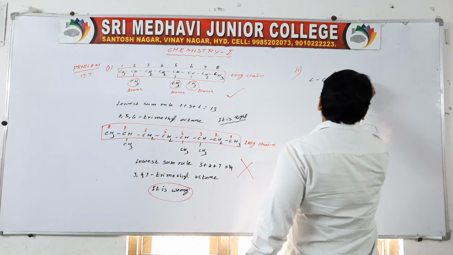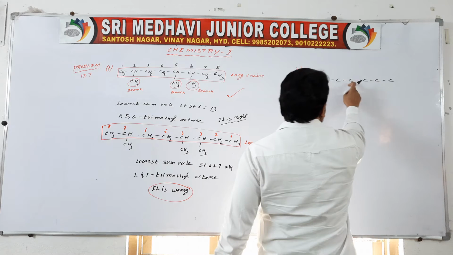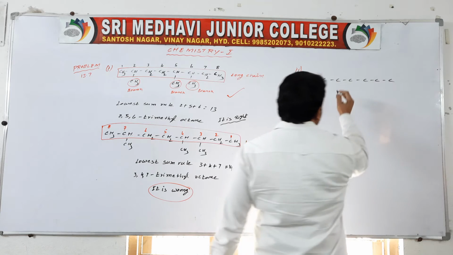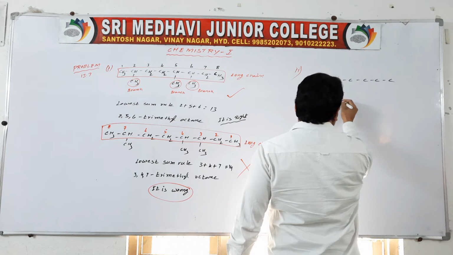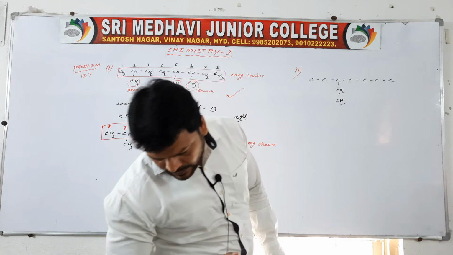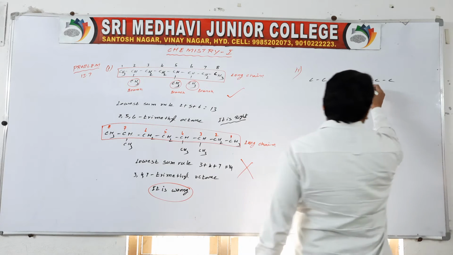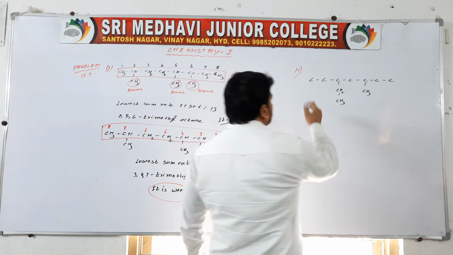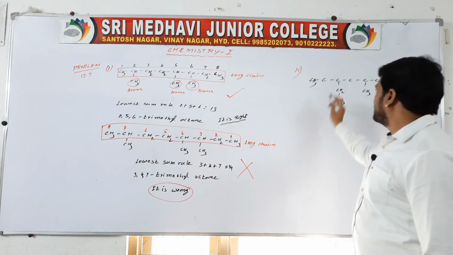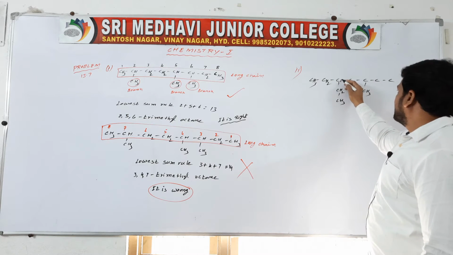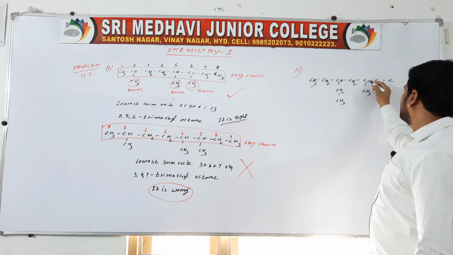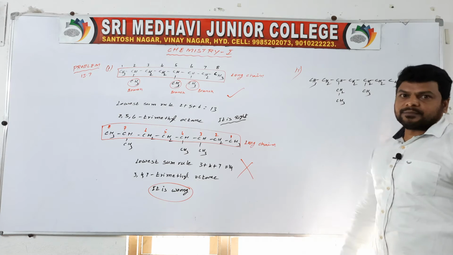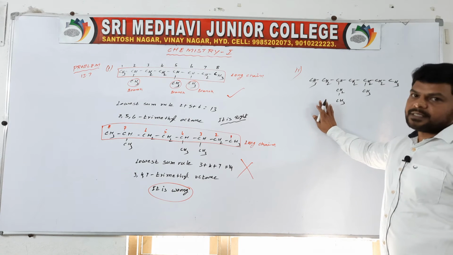So the third carbon has CH3, CH2 and CH3, and the fifth carbon has CH3. So we have to write its name.